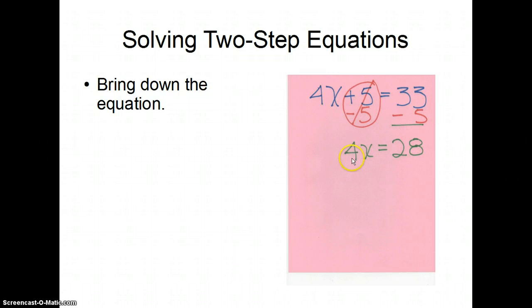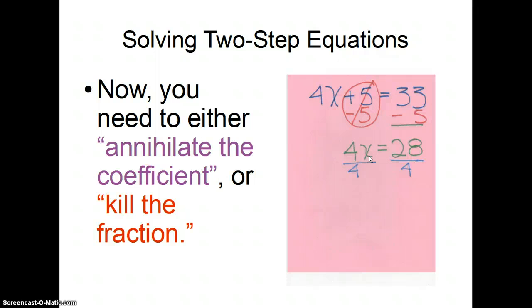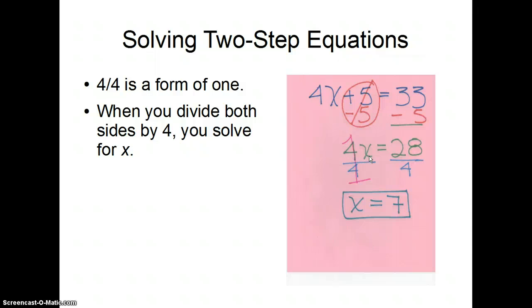Now we have a coefficient, so we need to annihilate this coefficient to get the x truly by itself. So we're going to divide both sides by the coefficient of 4. When we divide both sides by 4, it will give us a form of 1 over on the left side. So we have x equals, and 28 divided by 4 is 7.